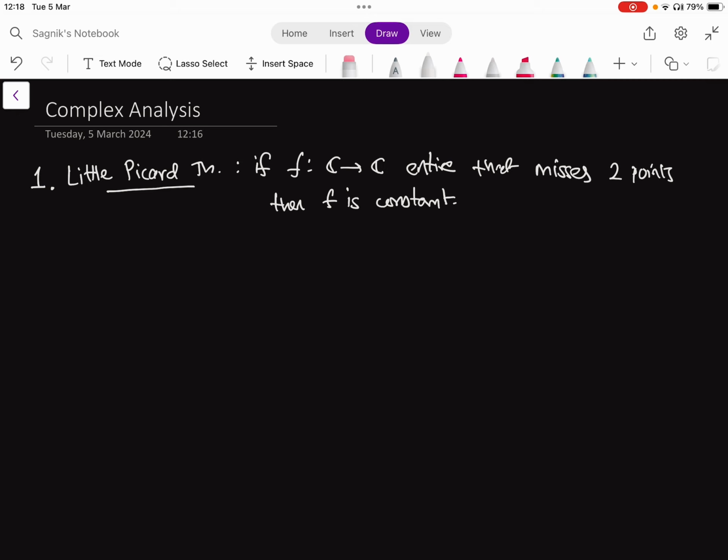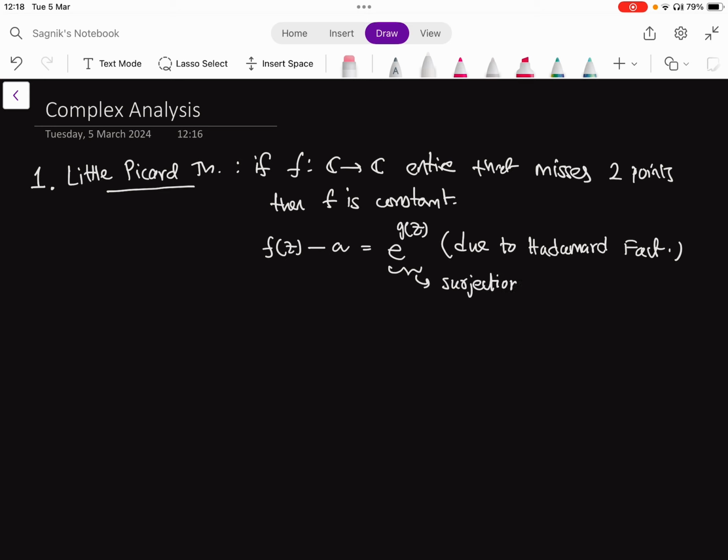So, if f misses say some point a, then this has no zeros. So you can write it as e to the power of some polynomial, right? This is due to Hadamard factorization. And then it's easy because this function is surjective, because exponential is surjective and the polynomial is again a surjective function.